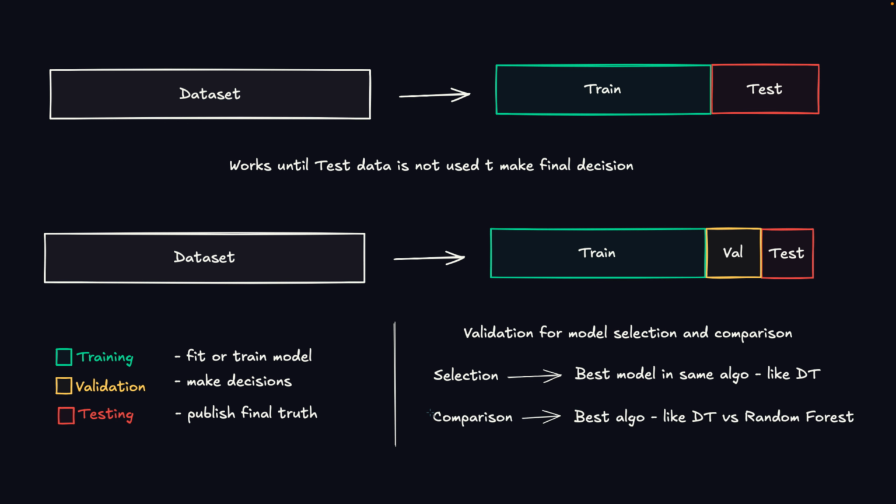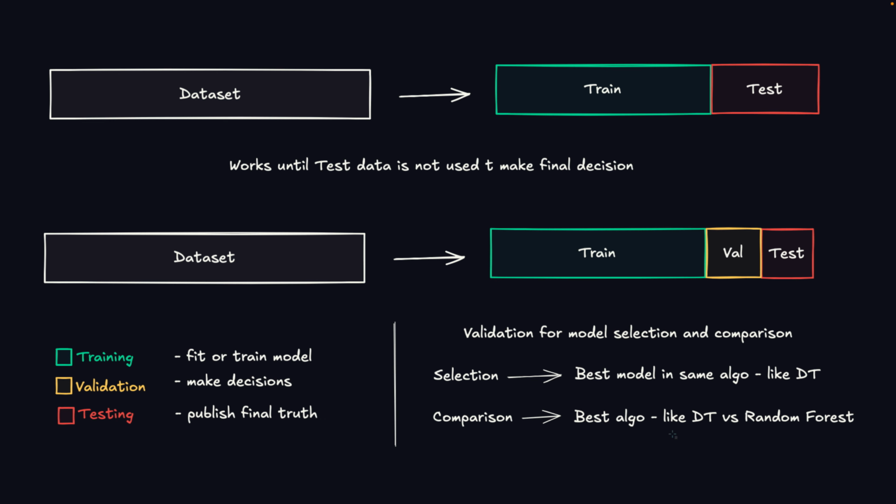Then we have something called model comparison. We'll have multiple models developed using different algorithms, but all of them are trying to solve the same problem. So you may want to classify some data. You may be creating a decision tree or you may be creating a random forest. So these are different algorithms here, right? So we are picking many different algorithms to solve the same problem.